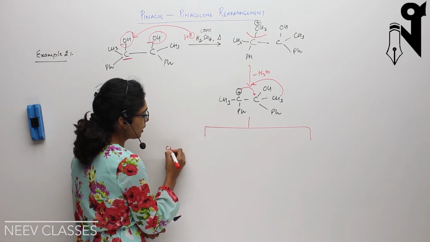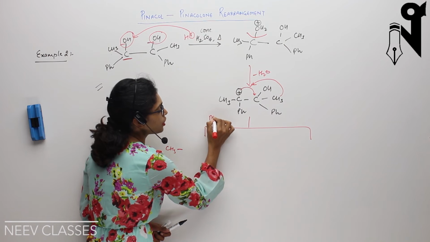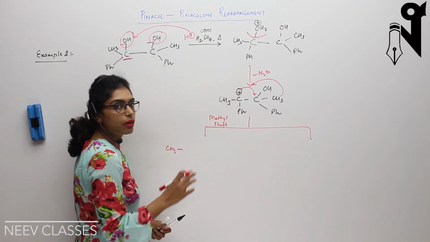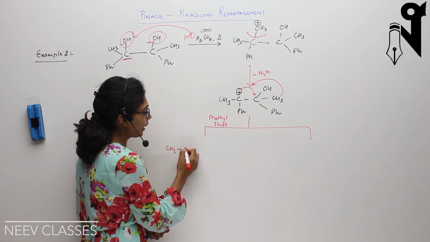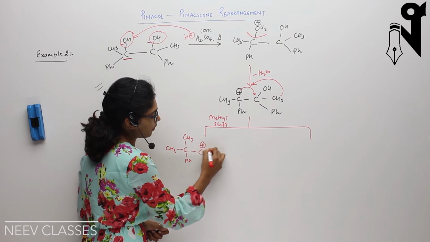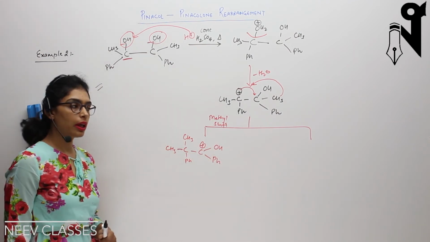So let's say CH3 has shifted, when a methyl shift has happened. What will the carbocation look like? It will look like this. This is how my carbocation looks.